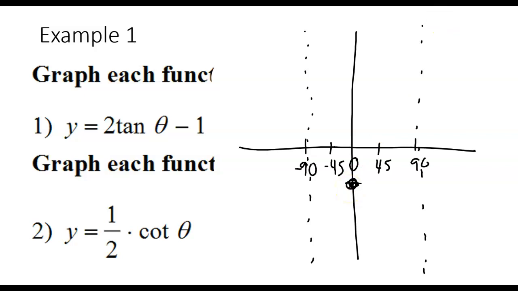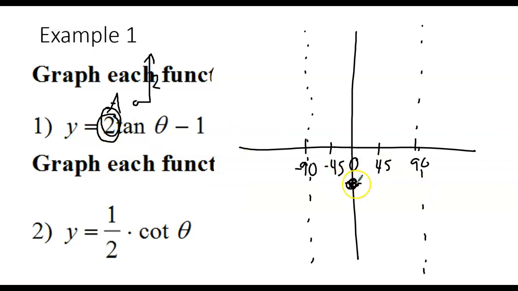Okay, now take a look at the last step. According to the last step, what do we do? Well, you're going to use this number here. That's your amplitude, and that tells you how far to go up. So we're going to go over 1 space, and then we're going to go up 2 spaces. Where do we start when we do this?